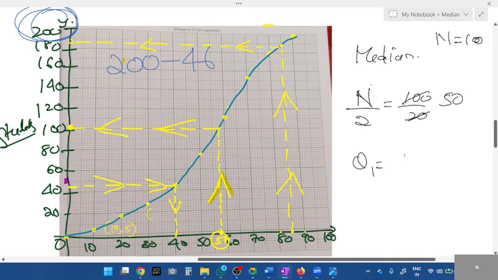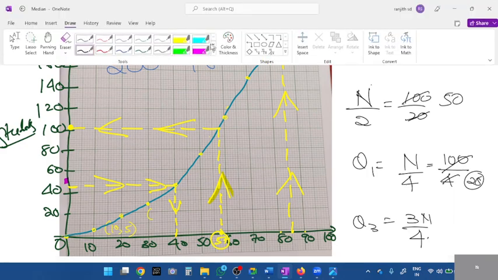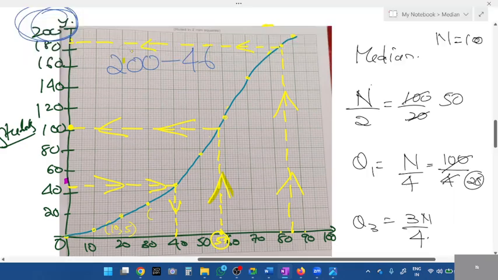Next, they'll ask you upper quartile Q1. The formula for Q1 is n divided by 4. The formula for Q3 is 3n divided by 4. Okay, now what is n divided by 4? N value is 100. 100 divided by 4 is, respond all of you, 25. If they ask you to find Q1 or lower quartile, look here, students, median, Q1, Q3, everything you have to start from y-axis.